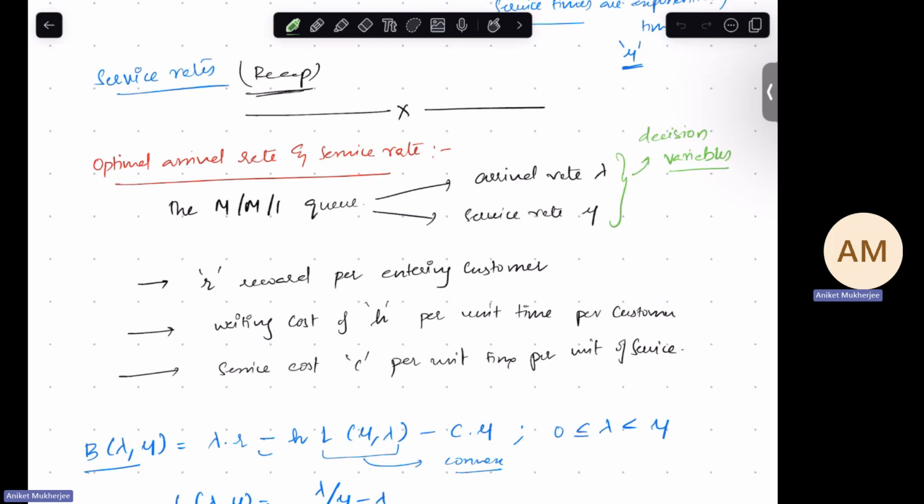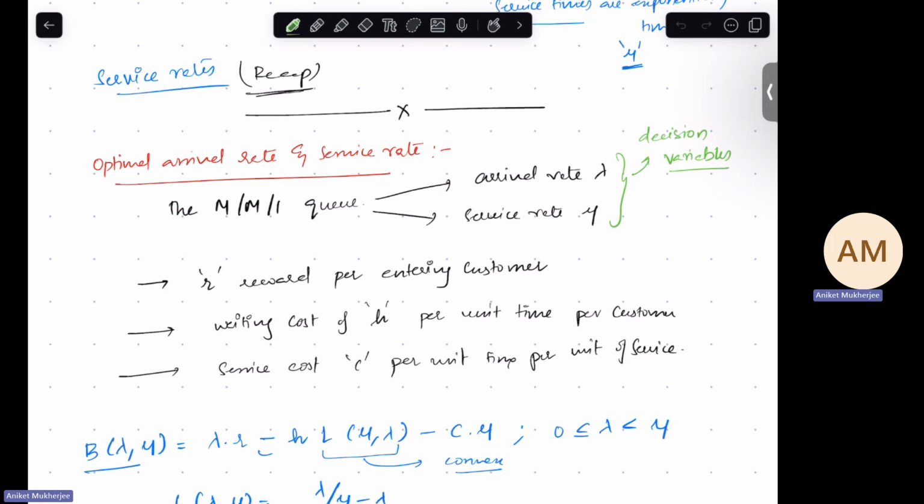He knows the arrival rate is lambda, but he wants lambda prime so that the requirement is met, and lambda prime is less than lambda. So with some probability, he'll pick out customers so that the arrival rate that happens is lambda prime.